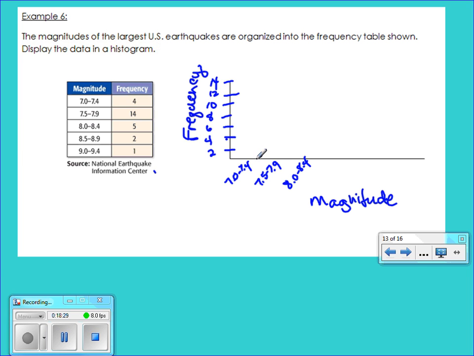So the interval of 7.0 to 7.4 with a frequency of 4, we'll get a bar that goes over to 4.